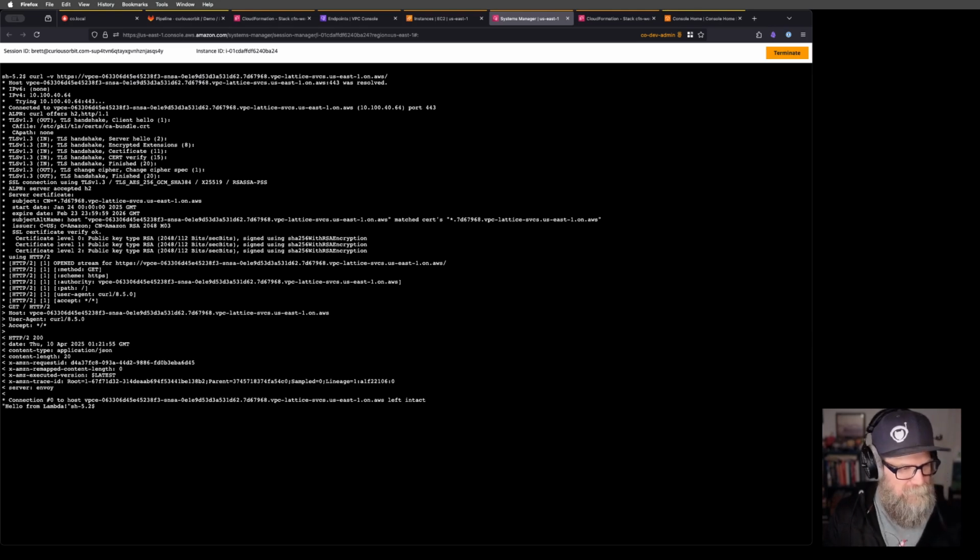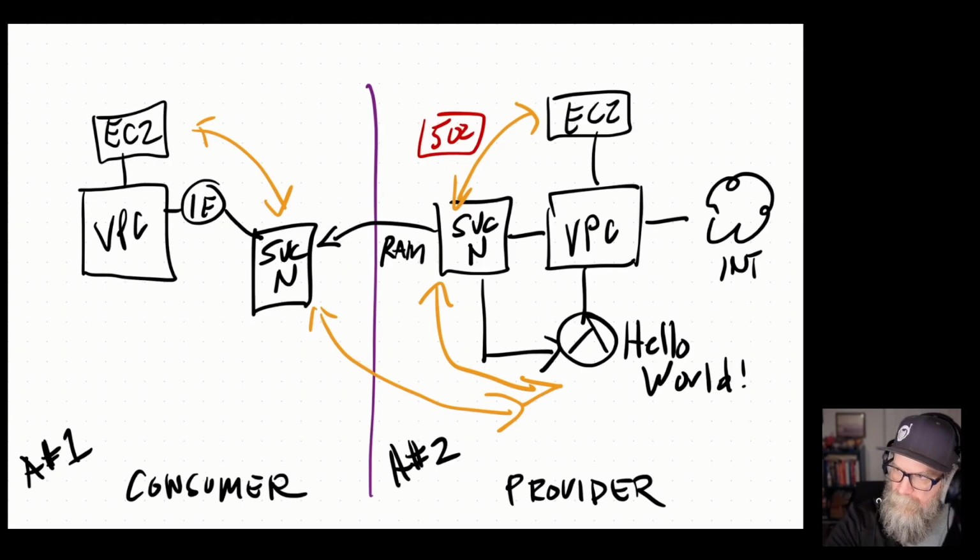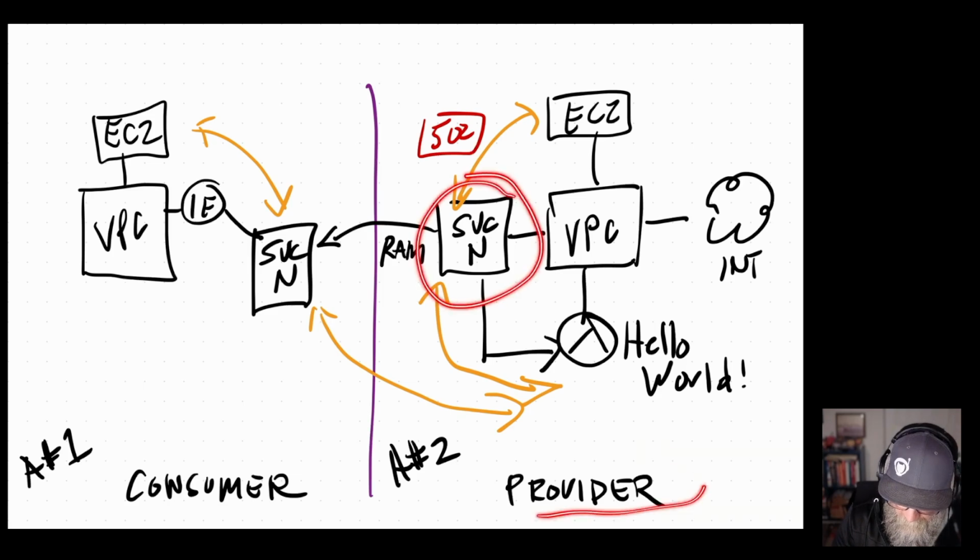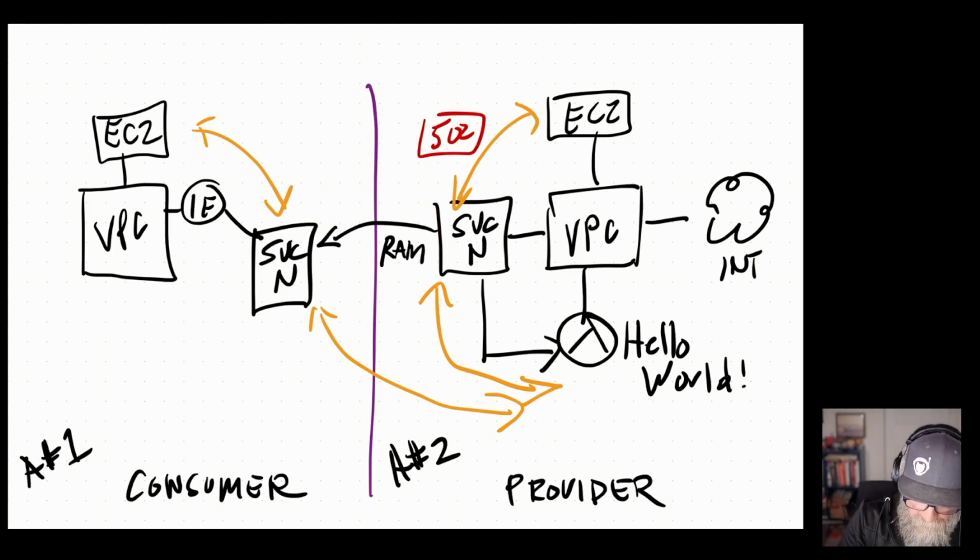There we go. Okay, so what just happened there is, if we go back to our diagram, this is what we have. Okay, so we've got our service network in our provider account. We shared that through the Resource Access Manager to our consumer account.